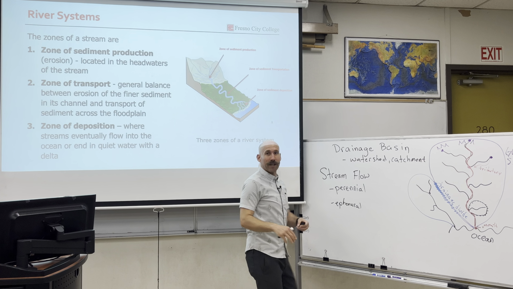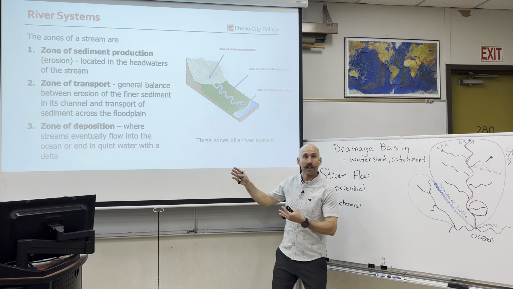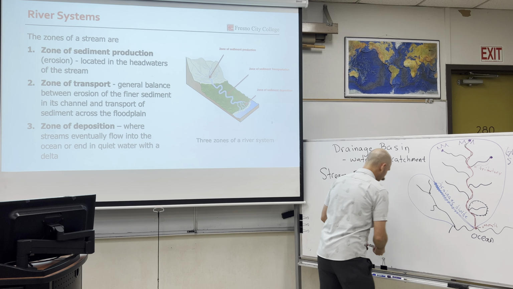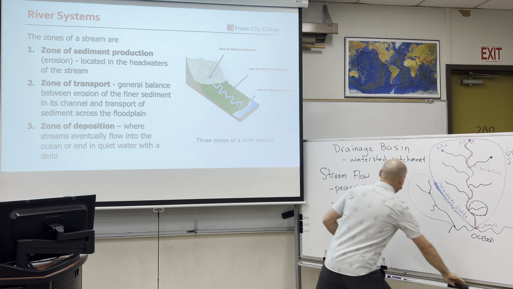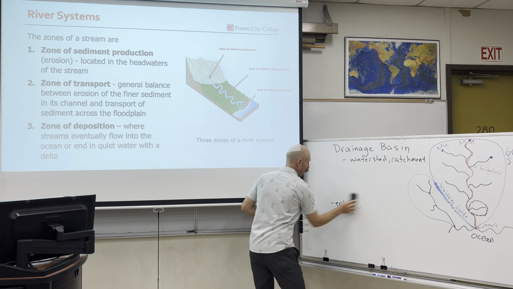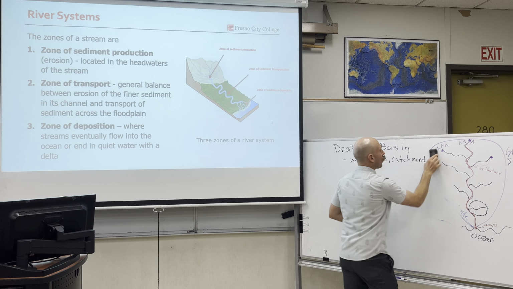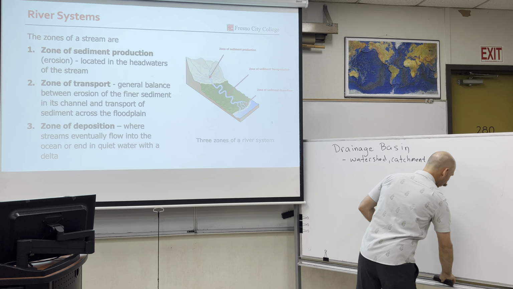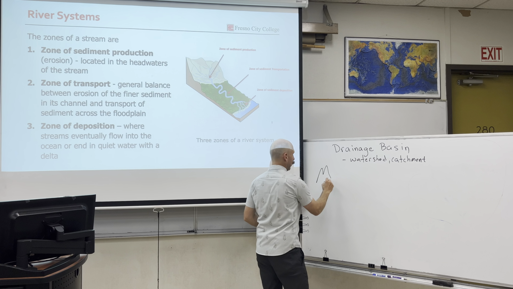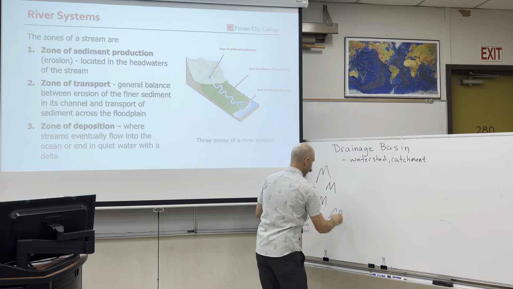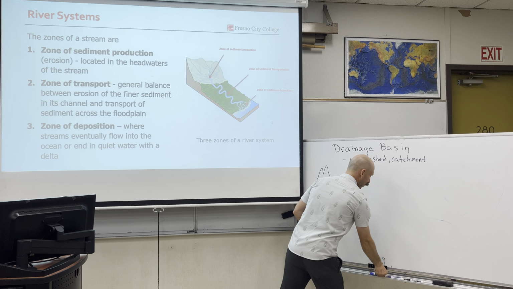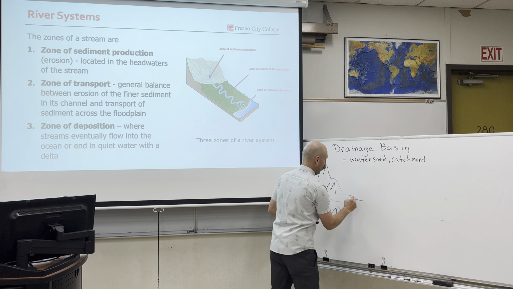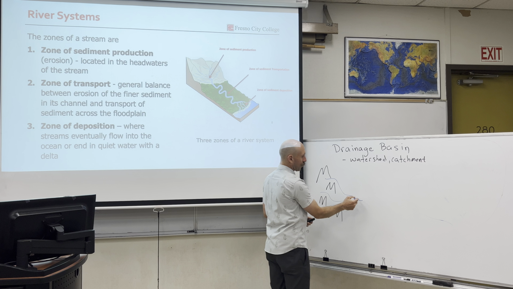Okay, so let's continue to catalog and identify components of the river system. So up in the headwaters, let's see, I think I want to redo this one for you. Within a drainage basin, we have 3 distinct zones. Where it's mountainous, and the rivers are doing a lot of erosion. Tributary, tributary, tributary, confluence, confluence.